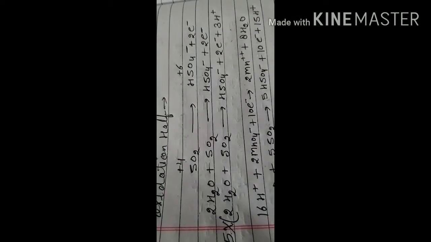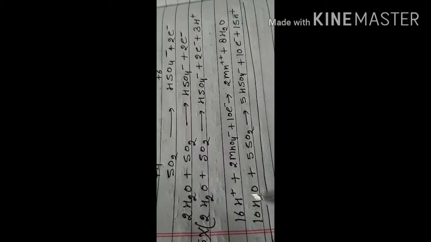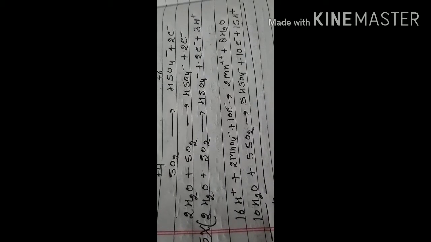Now we have to add both the equations in a proper way. Here we have 15H and here we have 16H, so we subtract 15 from 16 and get only H positive ion.